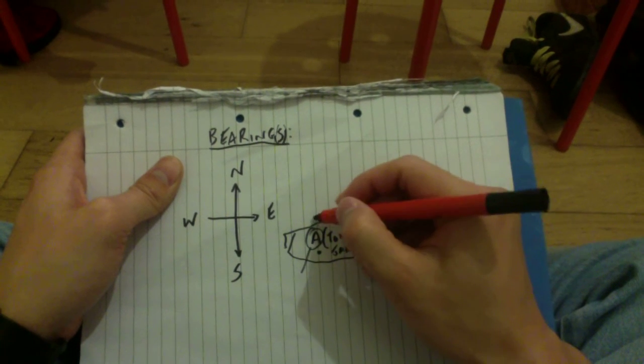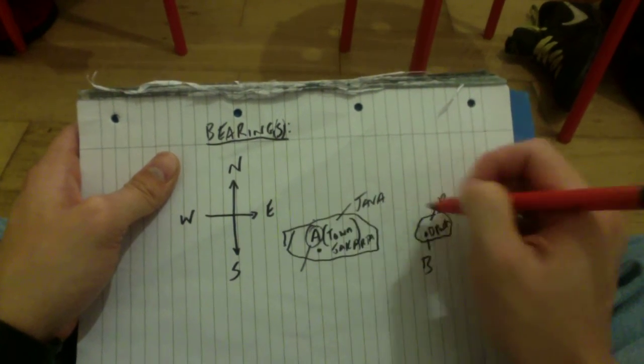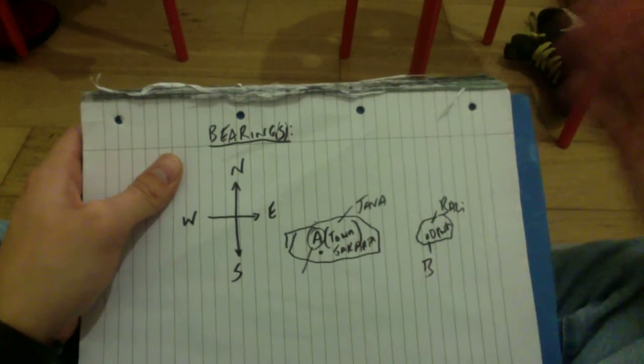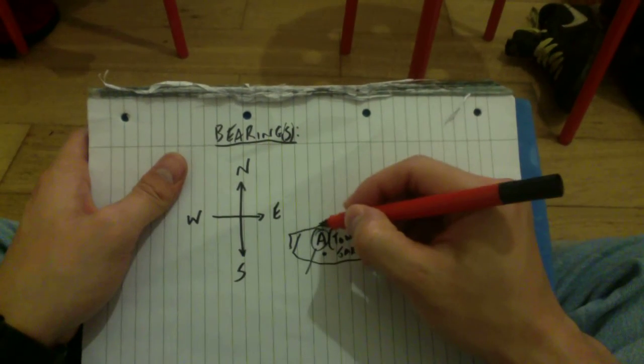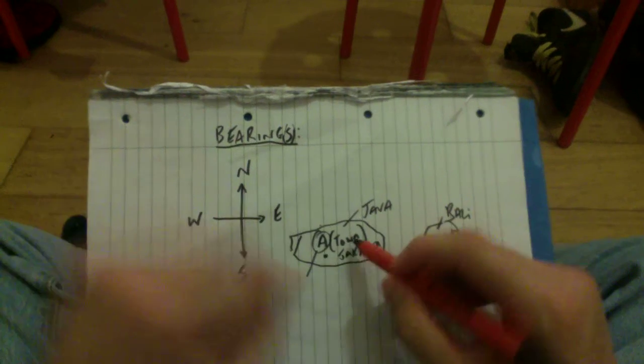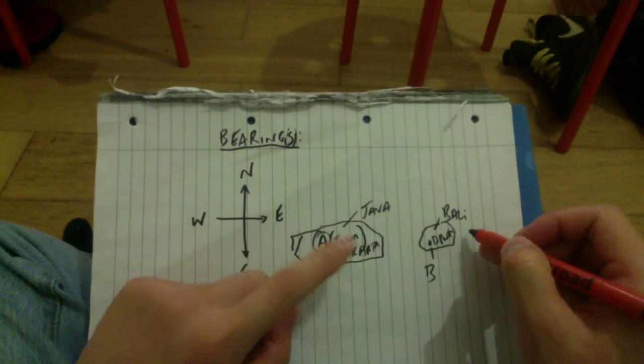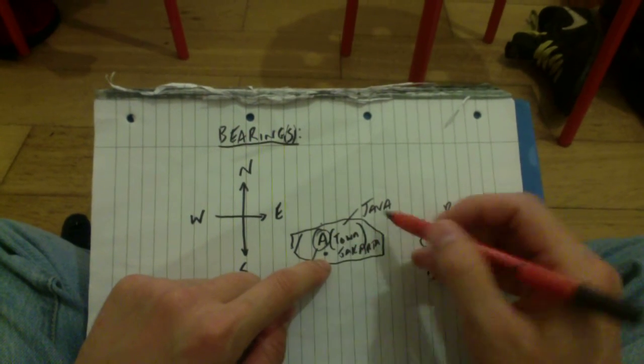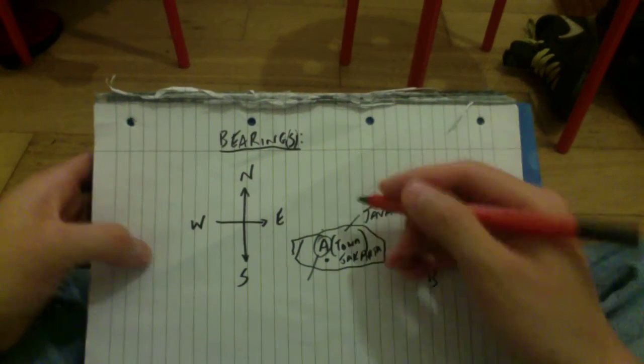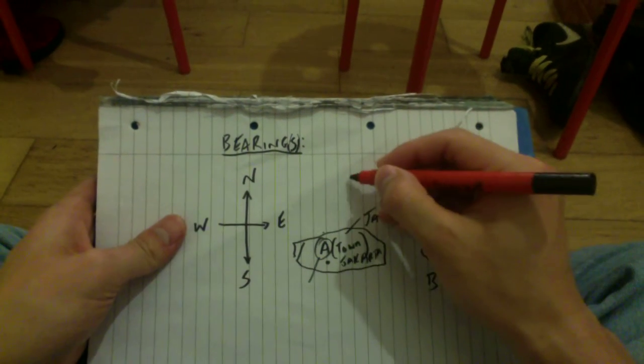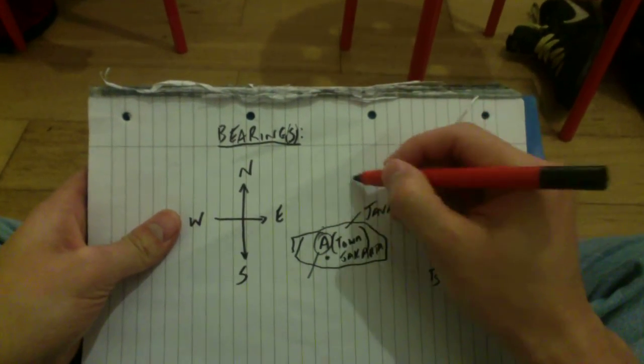If you were to go straight, so on a plane or whatever, you wouldn't go north because Bali is not north, Bali is east. Now you need to work out the angle of that. So you have a protractor, which should look like this.